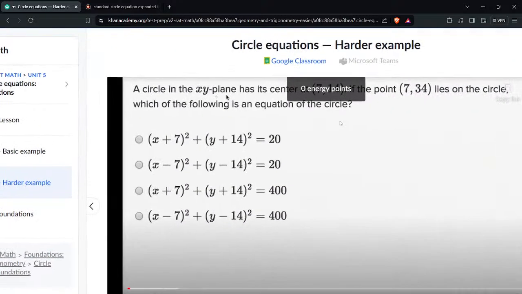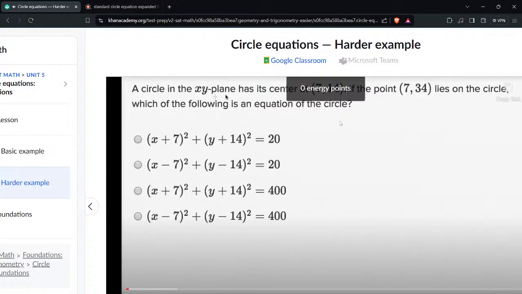A circle following an equation. So the center, x minus h. We don't want to use this point, we don't use this point. We use this point actually to find the radius. So we just find the radius.